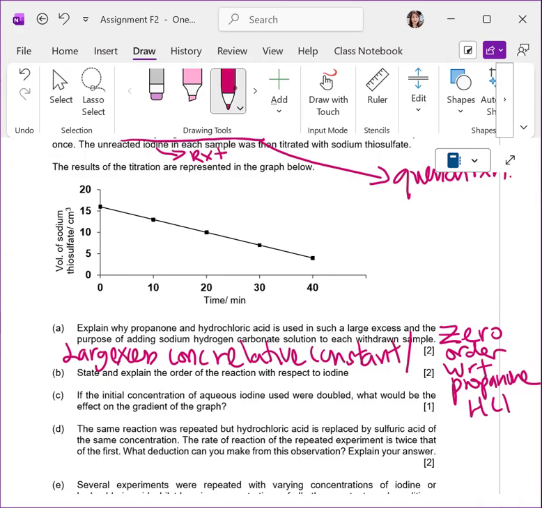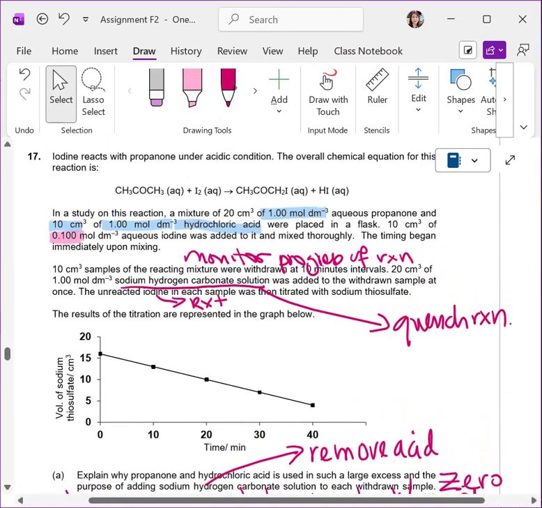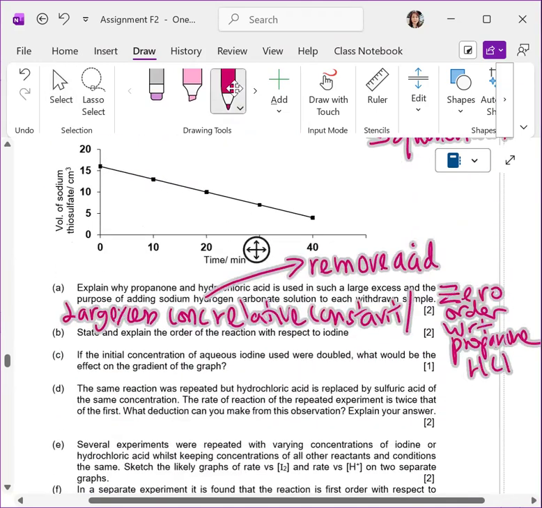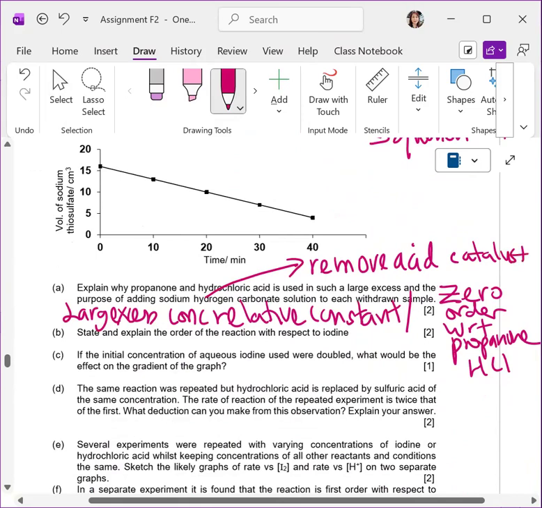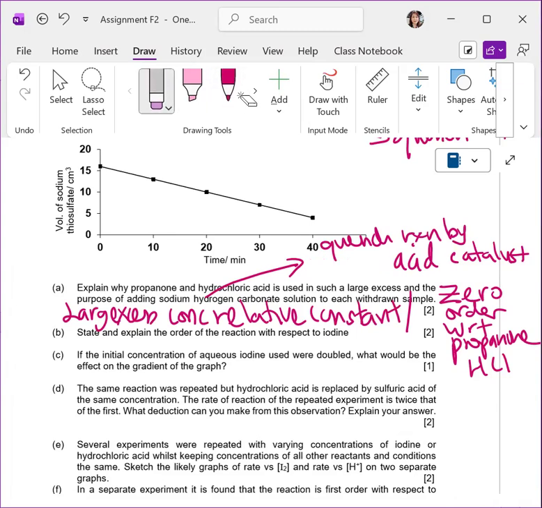And the purpose of adding sodium hydrogen carbonate, as we already mentioned, is to neutralize and remove the acid, which in this case is a catalyst. So by removing the acid catalyst, it helps to quench the reaction. Okay, done. So this first part is done.